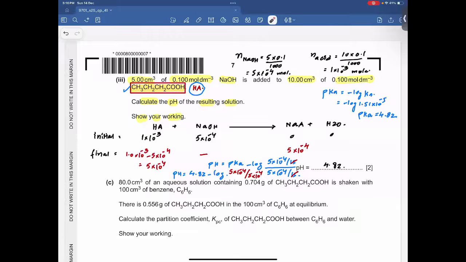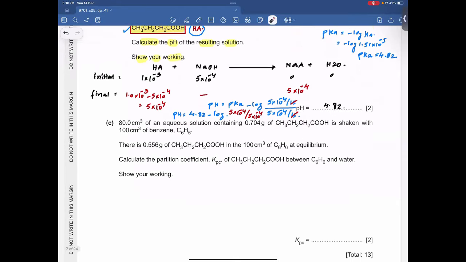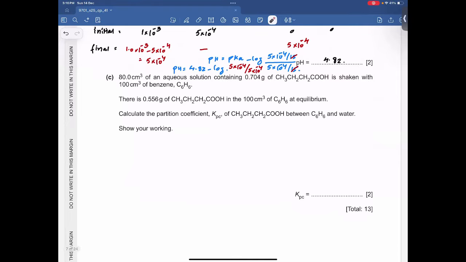My goodness. Next part of the calculation, 80 cm cube of the aqueous solution. That means the amount of water is 80 cm cube containing 0.704 gram of benzoic acid is shaken with 100 cm cube of benzene. By the way, aqueous solution is water, which is polar. Benzene is a hydrocarbon, it is non-polar.